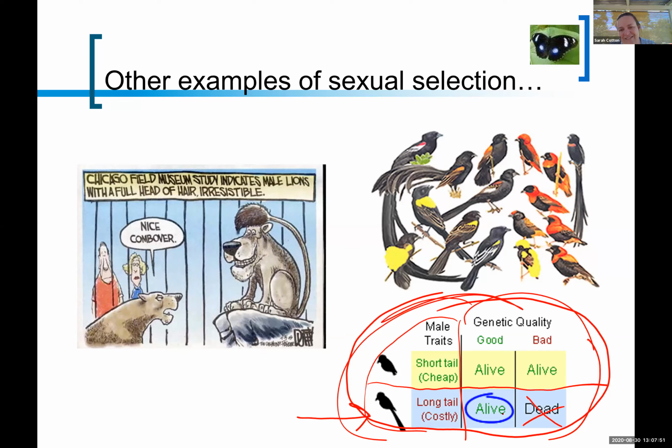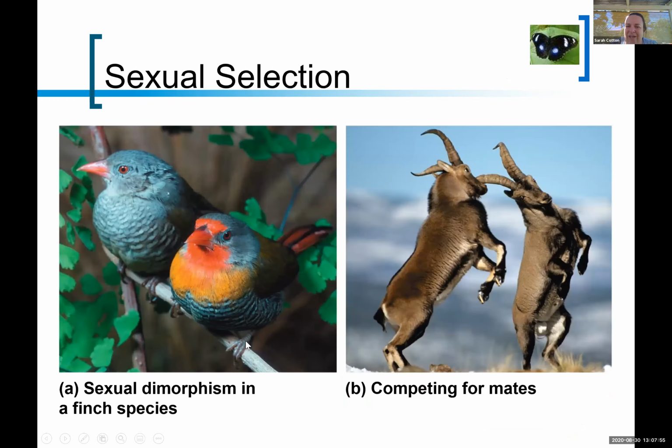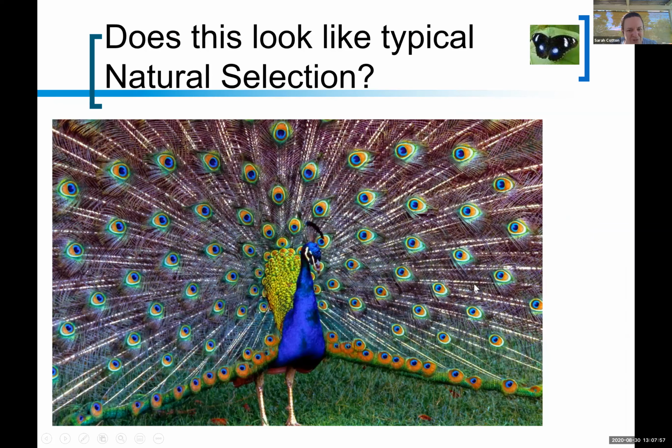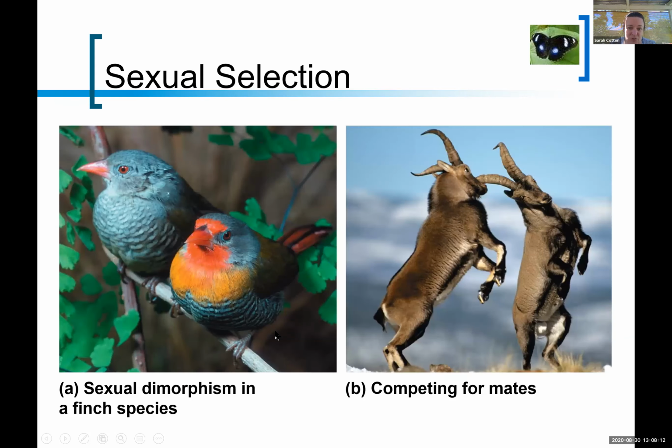So that's sexual selection. Sexual selection is kind of a weird alternate form of natural selection where you end up with traits becoming common that don't seem adaptive on their face. They are beneficial, but it doesn't seem like it.